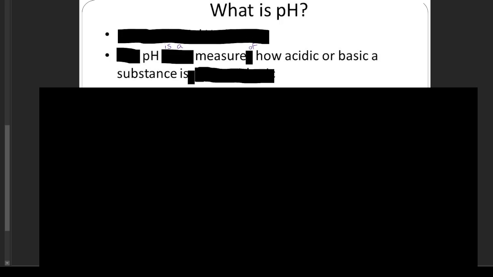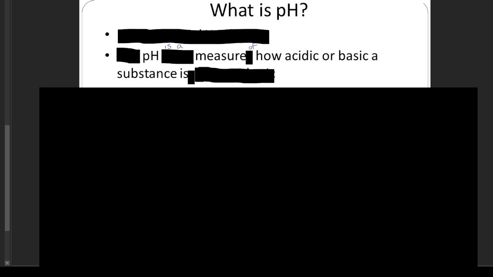That means solutions must have a pH. Any solution must have a pH, and depending on the pH, this will tell us if the substance is acidic or basic.